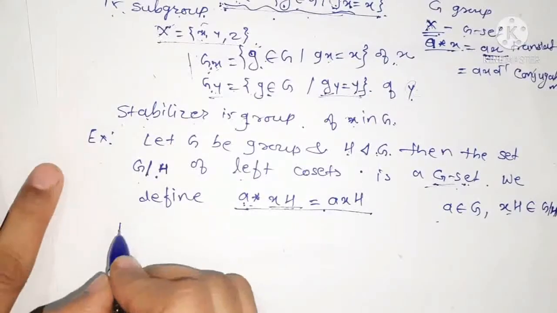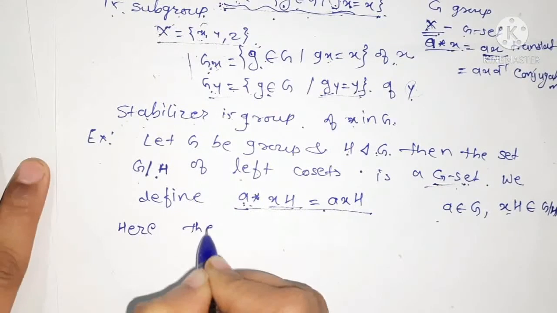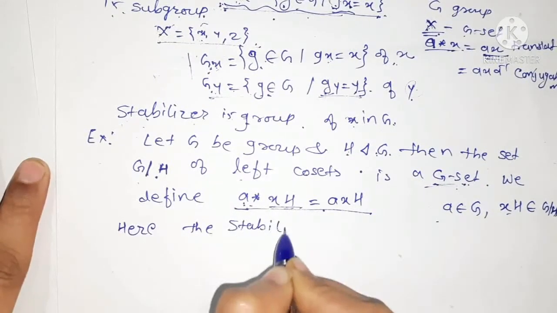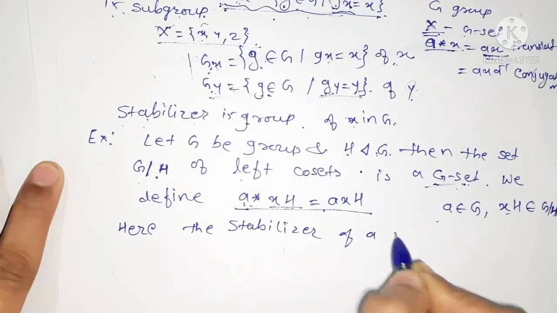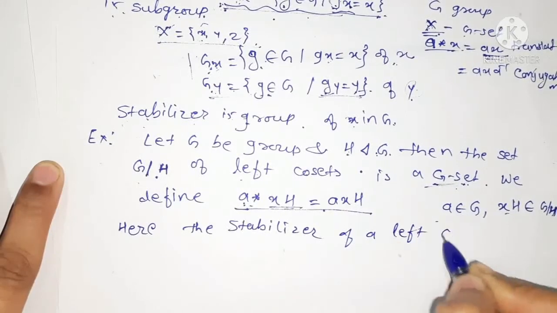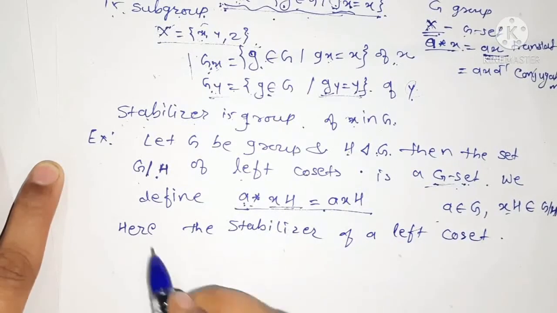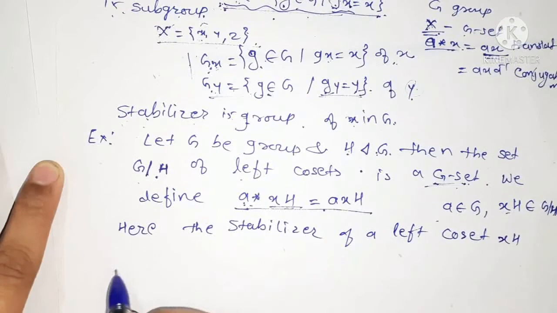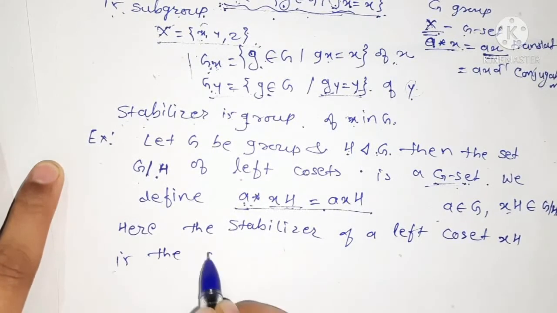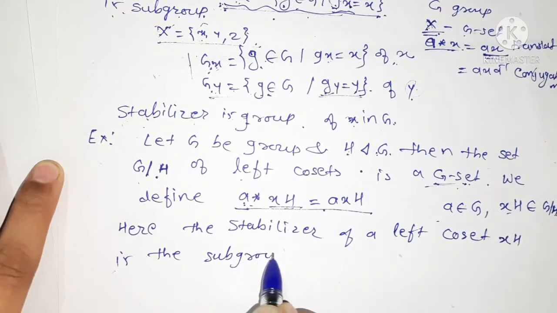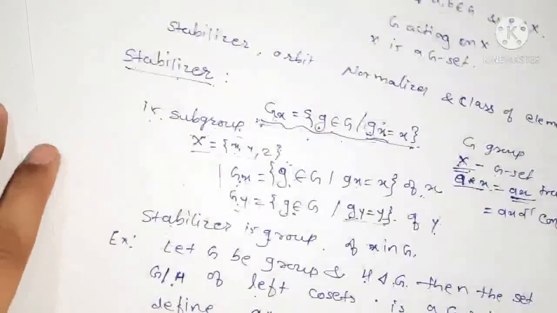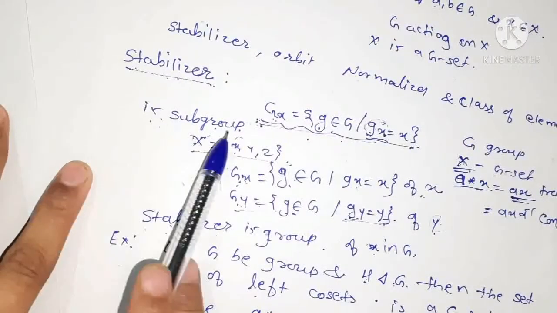So here the stabilizer of a left coset xH is a subgroup. As we have said, the stabilizer is a subgroup.